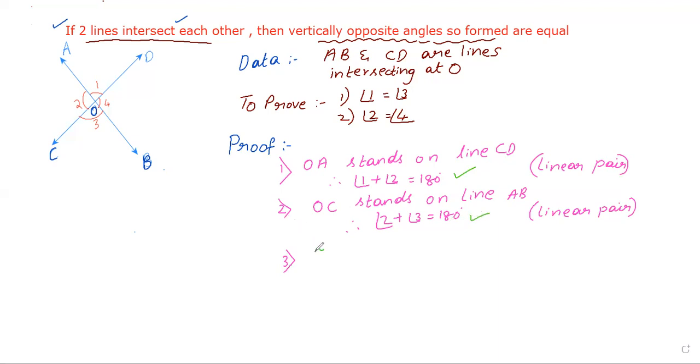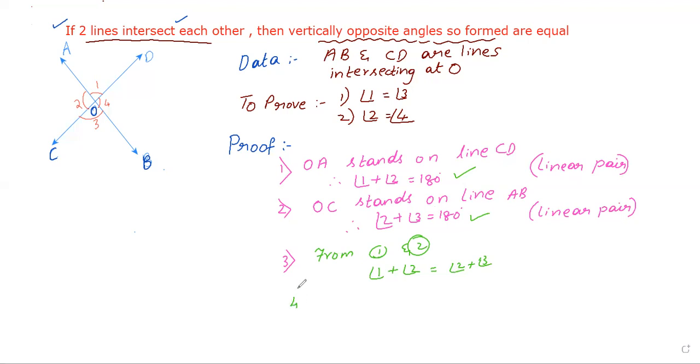So, from step number 1 and step number 2, I can write angle 1 plus angle 2 is equal to angle 2 plus angle 3. Fine. So what have I done? Since both the RHS are equal, I can make the LHS also equal. So I have got angle 1 plus angle 2 is equal to angle 2 plus angle 3.